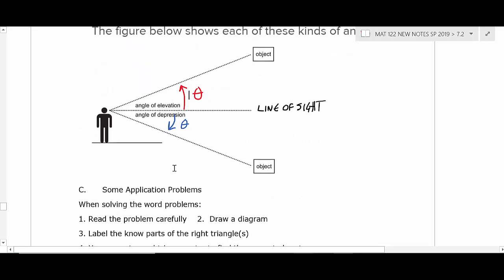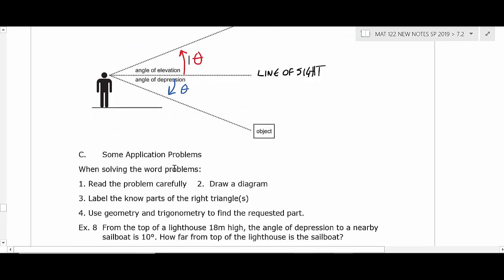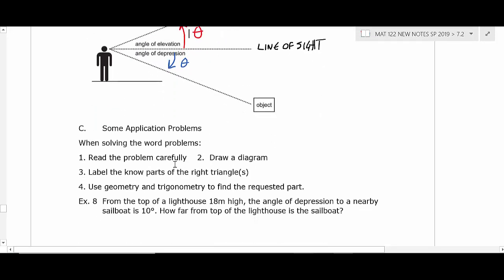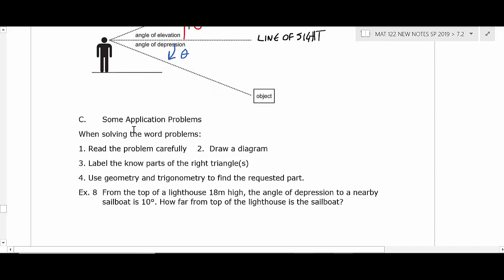All right, now what we're going to do is some application problems, just a few of these. The difficulty with students on this usually is getting the diagram drawn and the triangle drawn right, because you have to interpret what the sentence is telling you. So you always want to do these things. You want to read the problem, obviously.